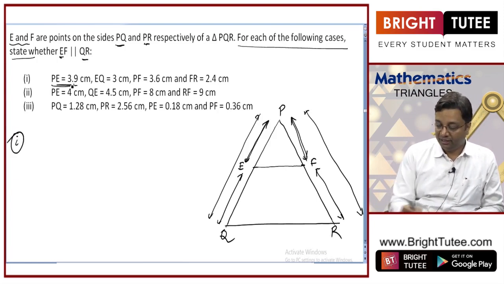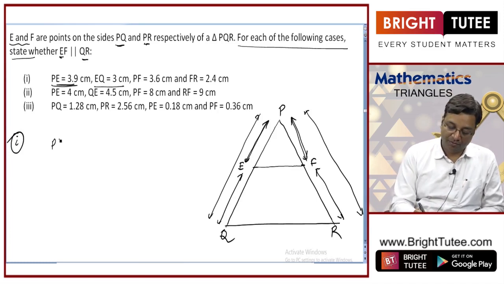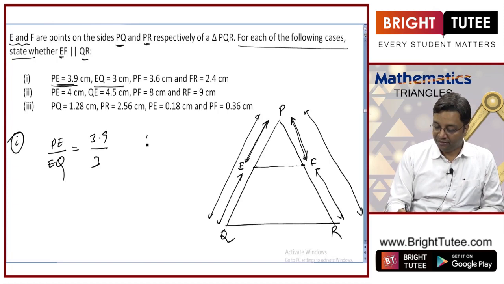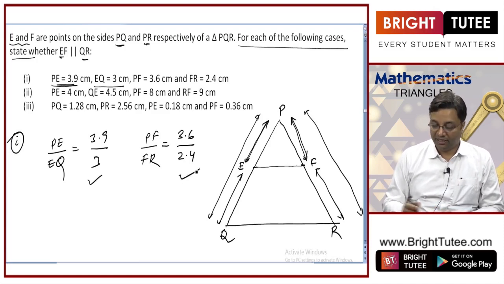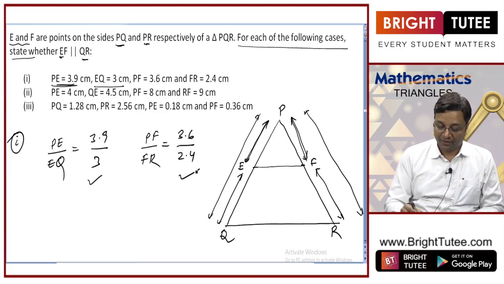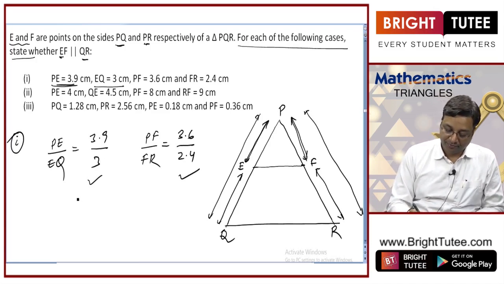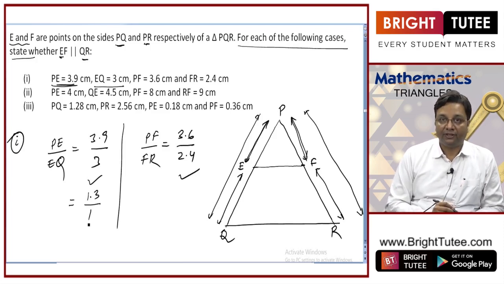If PE is 3.9 and EQ is 3. So what is PE by EQ? It is 3.9 by 3, and PF by FR, it is 3.6 by 2.4. If these 2 ratios are same, only then we can say EF is parallel to QR. Look at these ratios. This ratio, the first one, is 1.3 by 1, right?